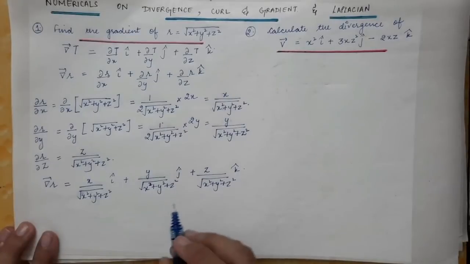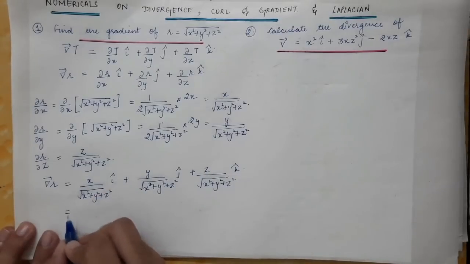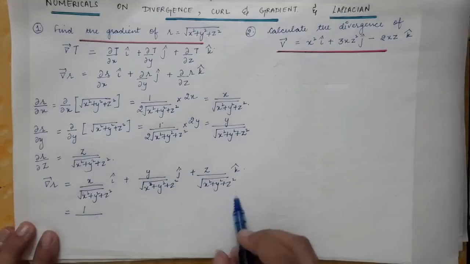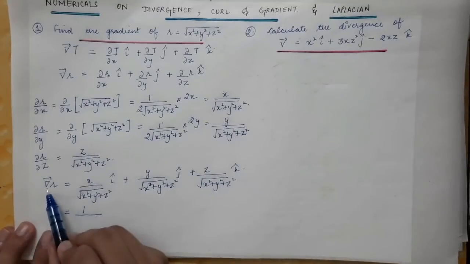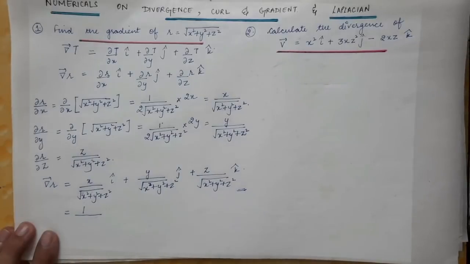So this will be the gradient. Now 1 by under root of x square plus y square plus z square is common in all the terms, so you can either leave the result of the gradient of r up to this step, or you can simplify it.